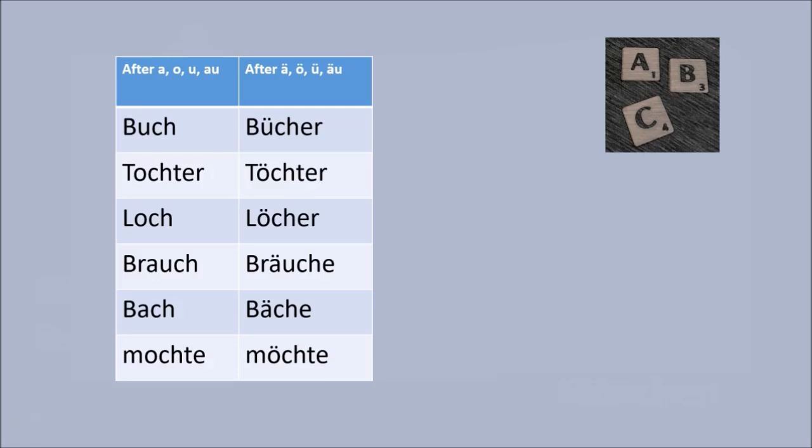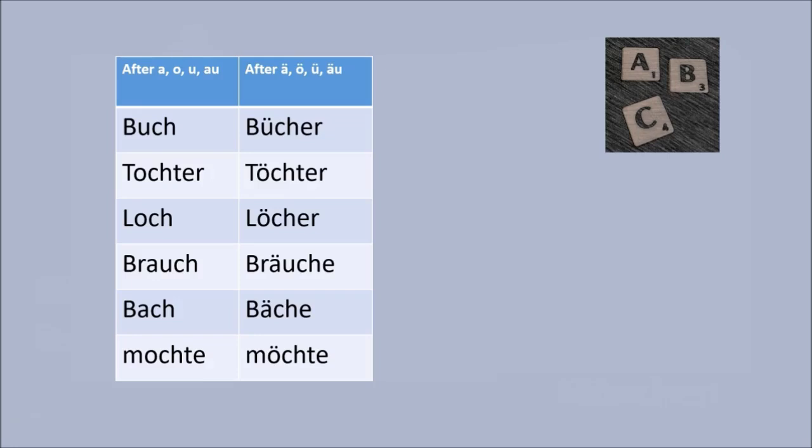Singular is Tochter, and the plural Töchter. Loch, Löcher. Brauch, Bräuche.